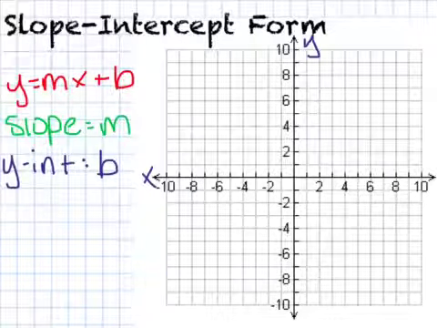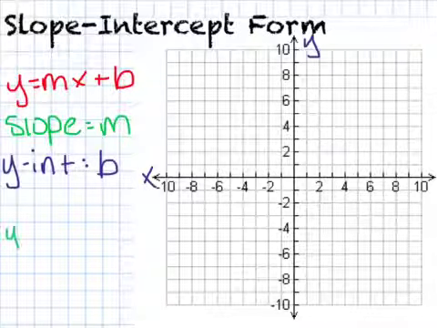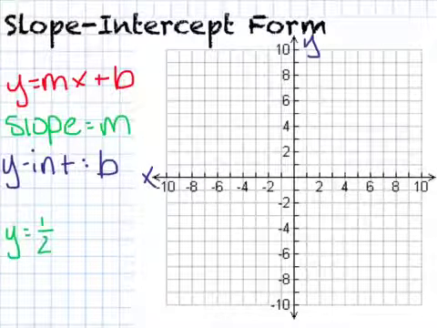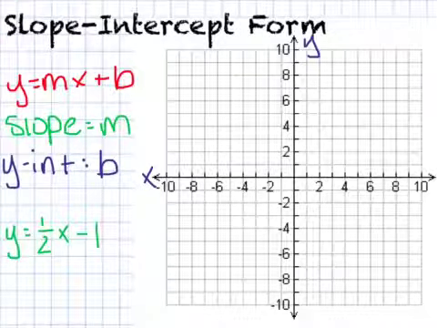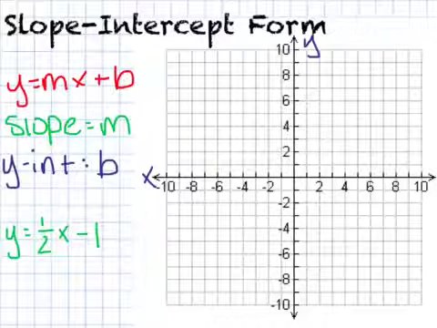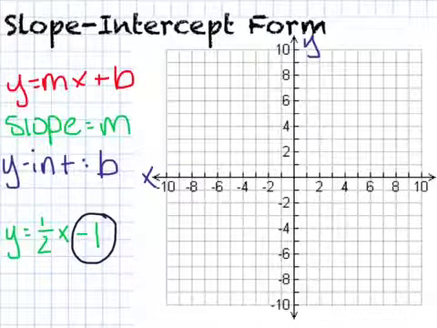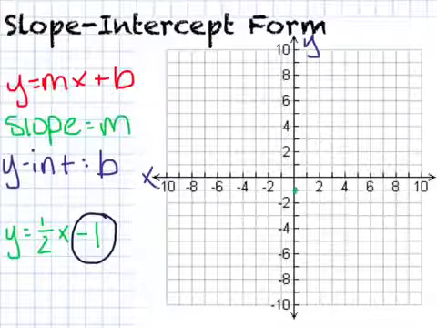If we wanted to go and graph it, we would have maybe an equation like y equals 1/2 x minus 1. Our b would be -1. So on our y-axis, we would go to -1 and plot a point right there.